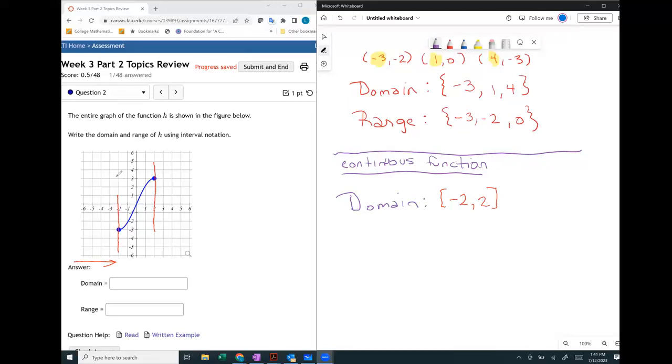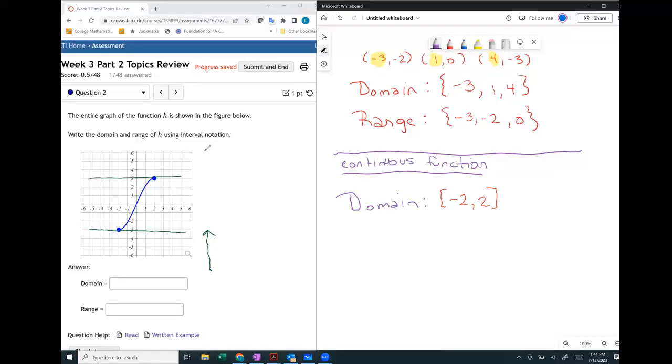So the range, what we're talking about when we talk about the range, is not my X values, it's my Y values. So again, we're going from smallest to biggest. I'm going to go up. That's how I'm going to read this graph. So I say, oh, well, it starts here and it goes to here and it's over.